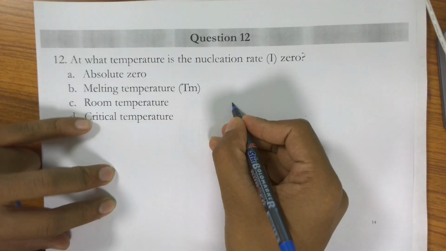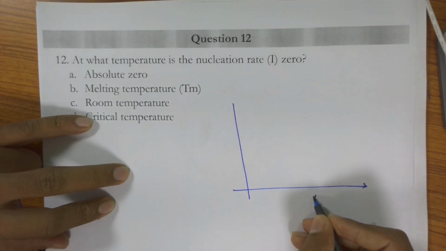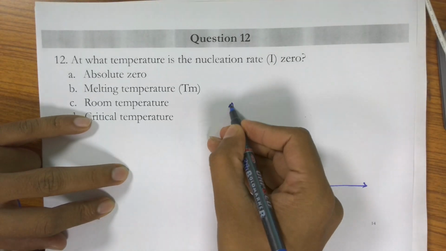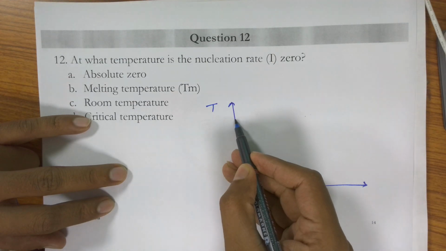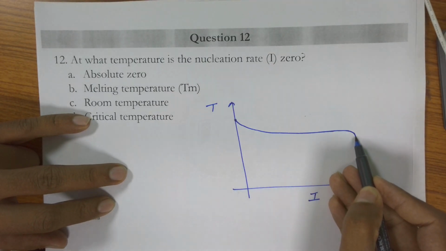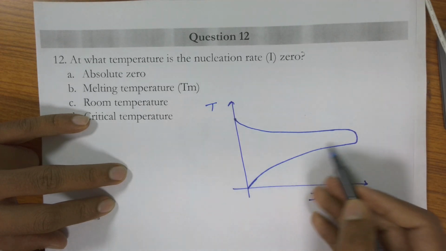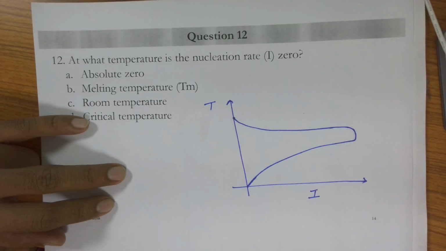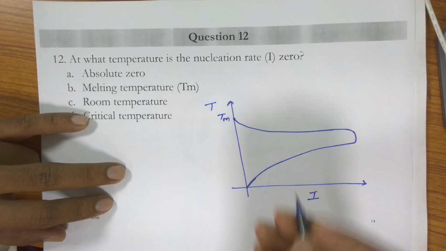So here we saw that if I'm talking about the nucleation rate, let's say this is the temperature, and the transformation is, let's say, liquid to solid. The nucleation rate will follow this particular type of curve, where this one is the melting point and this is 0.